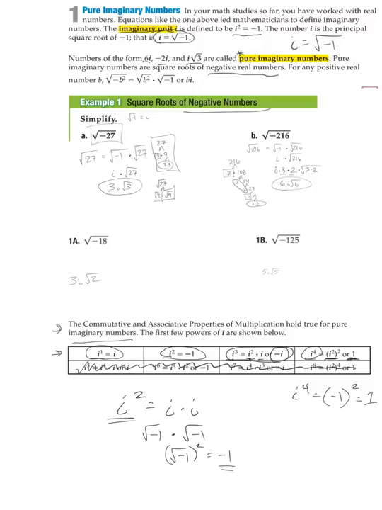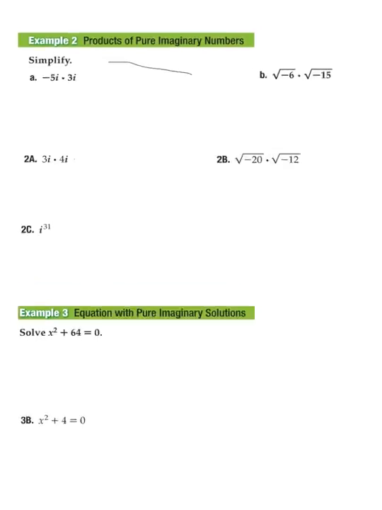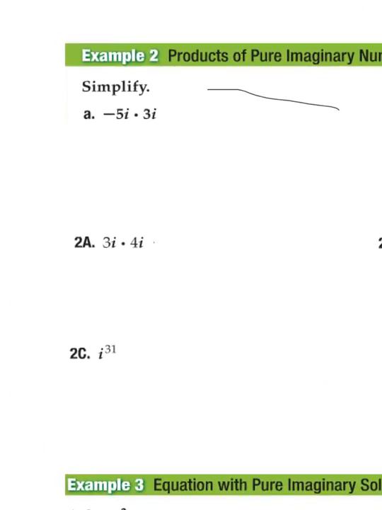Guys, we'll use these properties on the second page, simplifying products of pure imaginary numbers. If you look at example A here, we're simplifying negative 5i times 3i. We multiply the real numbers, and we multiply the imaginary units.